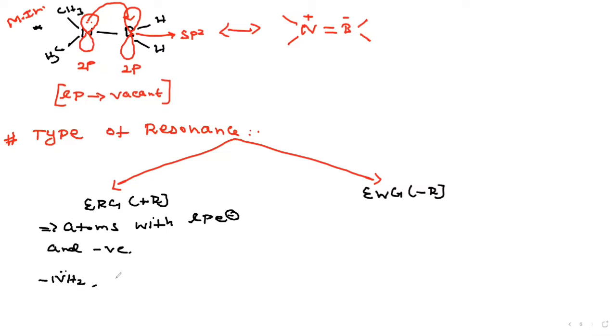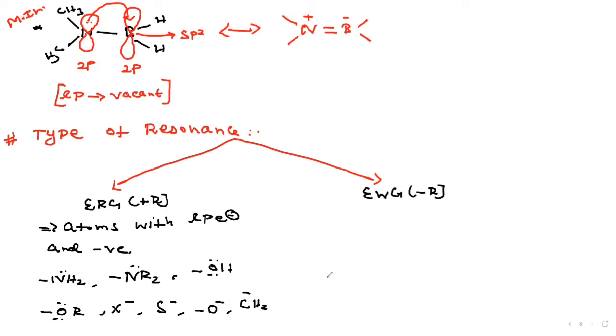Next example, NR2. They have lone pairs, right? Then OH minus, OH, lone pair. Then OR, lone pair, right? Then fluorine, chlorine, bromine, halogens, X minus. Then S minus. Then O minus. This is also a releasing group. Then CH2 minus.